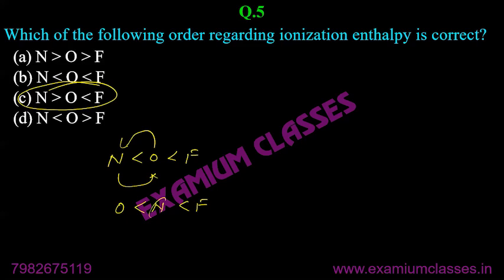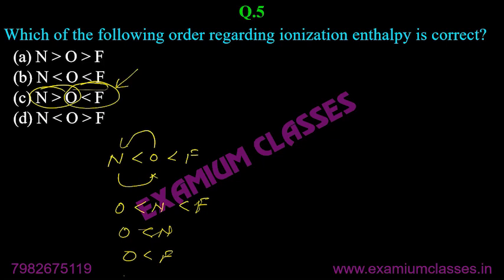Nitrogen is greater than oxygen, fulfills here, and fluorine is greater than oxygen, again fulfills here in both cases. C is the correct answer.